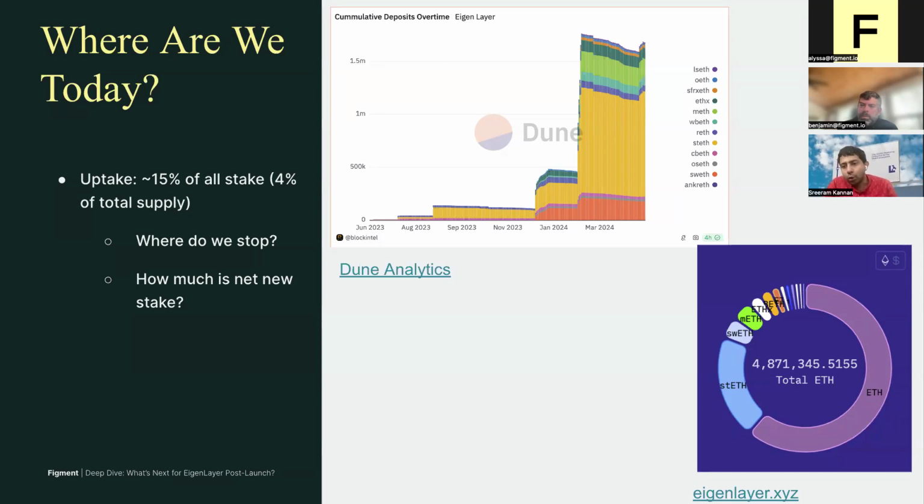So the growth of that segment has been interesting to see, that there is a lot of new stake going into that. I don't have the stats here, but a lot of the new stake coming up is going to some of these protocols and getting natively restaked on EigenLayer. We had a chart like this, but maybe not in the slide.